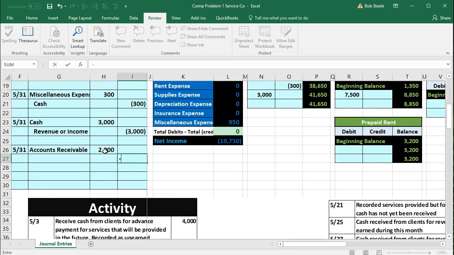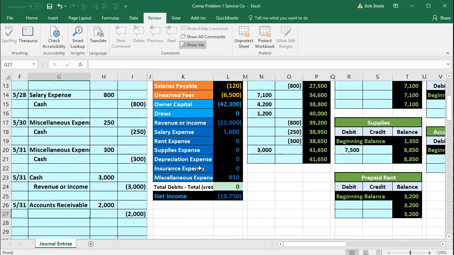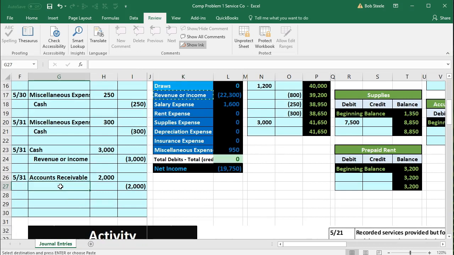We're going to credit something for $2,000. The credit will then go to the revenue account. We earned the revenue, and therefore we'll record revenue at the point in time it is earned. So we'll copy revenue or income, paste that in G27, right click and paste 1, 2, 3.